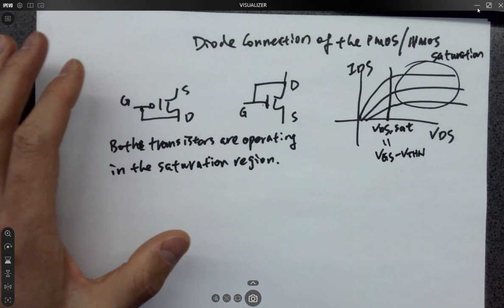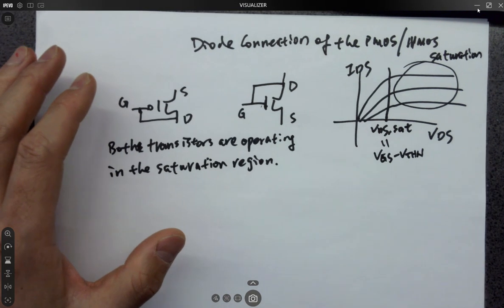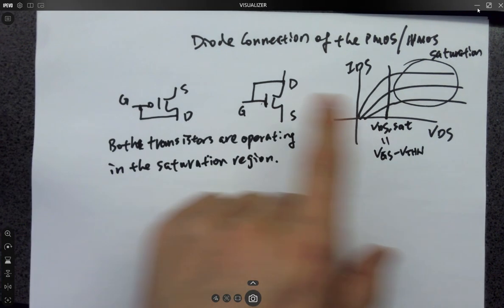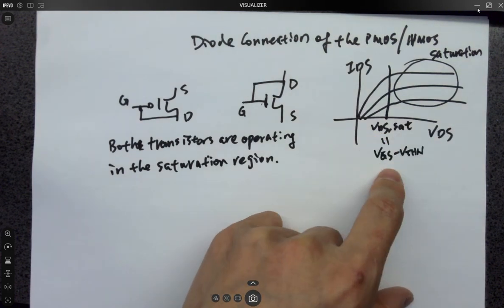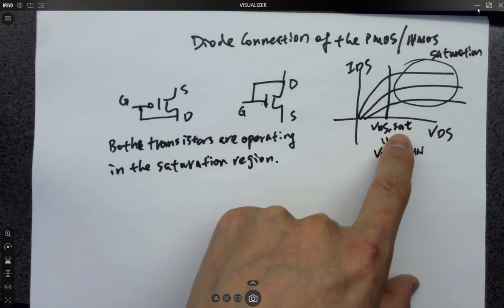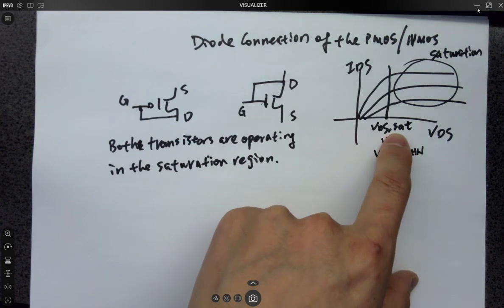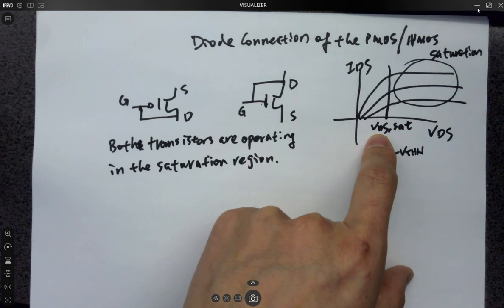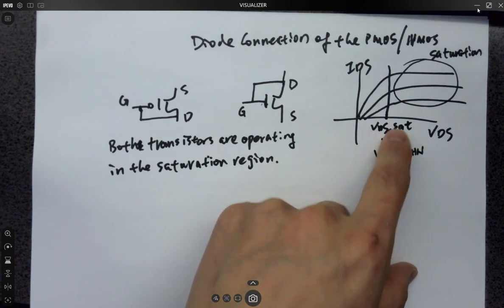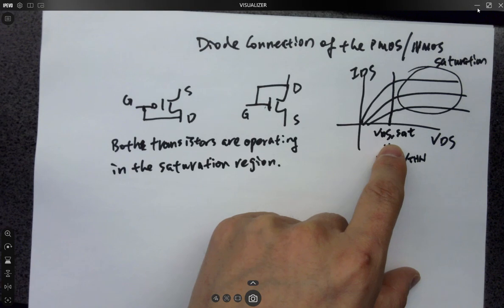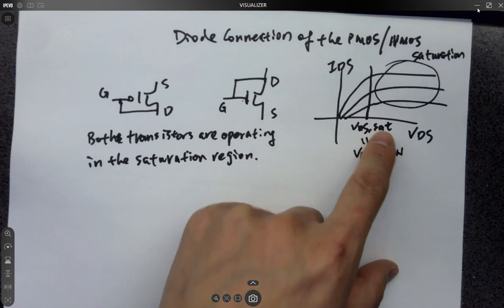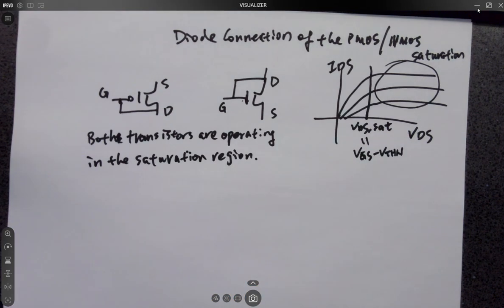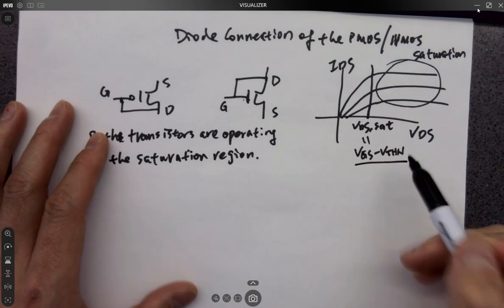For digital circuits, we always operate the transistors in the saturation region. The requirement is that VDS has to be larger than VDS set, and that's how we name it. It's the minimum voltage to get into the saturation region. So VDS has to be larger than VDS set in order to operate your transistor in the saturation region, and VDS set equals this value.